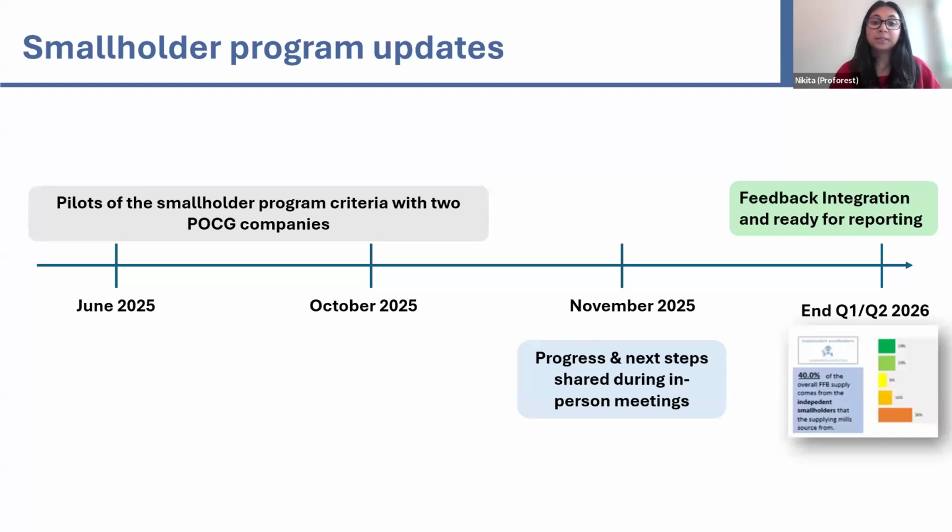And the criteria, based on the feedback received from the POCG companies in November as well, we'll integrate the results of the pilot and the feedback, and the criteria should be ready for reporting by around end of Q1 or early Q2 2026.